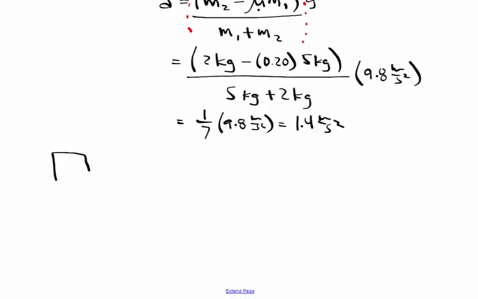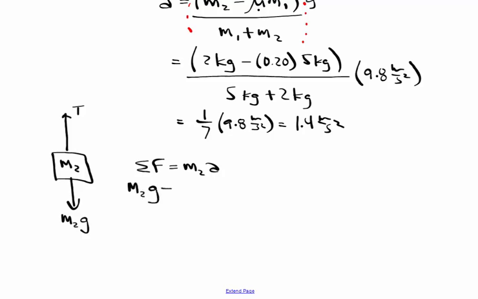So what I'm going to get is that the net force equals m, in this case m2, times a, because this is the only mass in this free body diagram. And my force that is in the direction of motion is m2g. My force opposing it is T, and I get m2a.